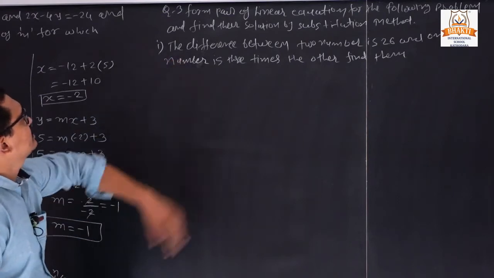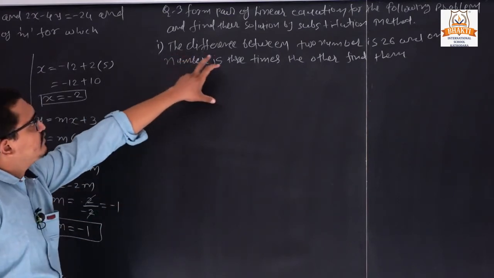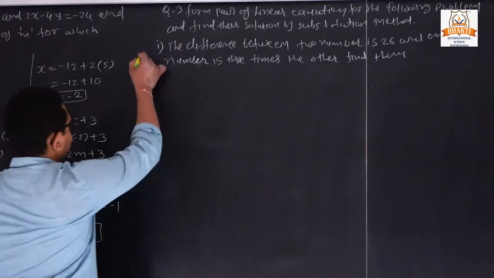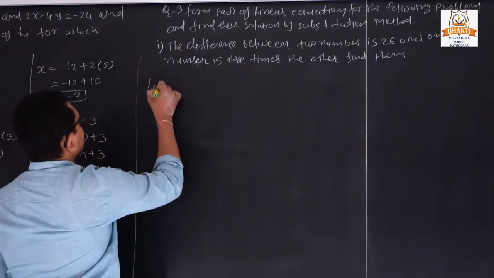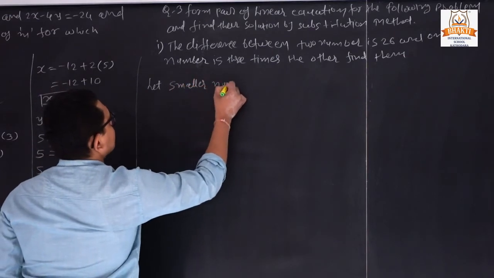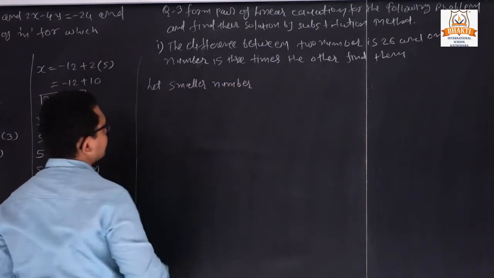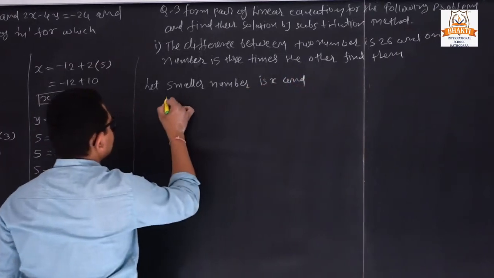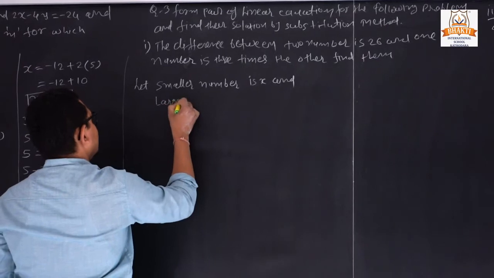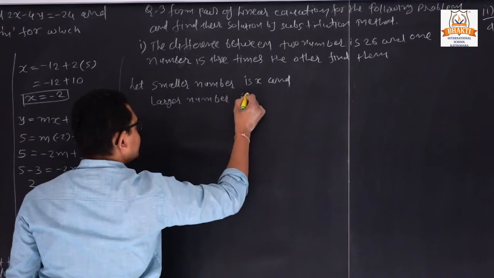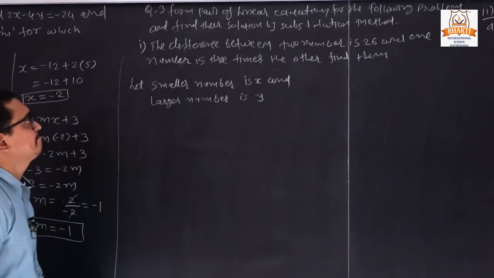So here see that question first, the difference between two numbers is 26. So we can start with that. Let smaller number is x and larger number is y.